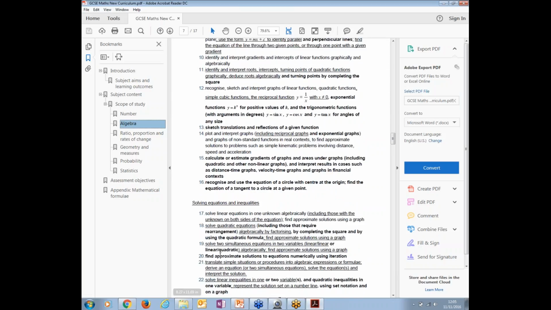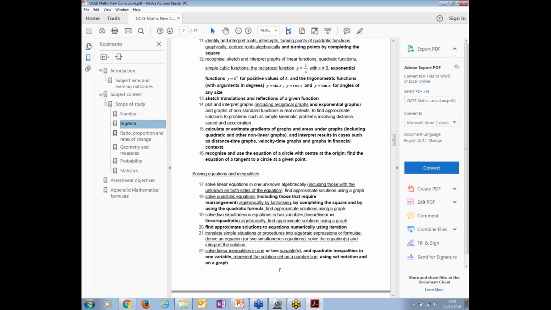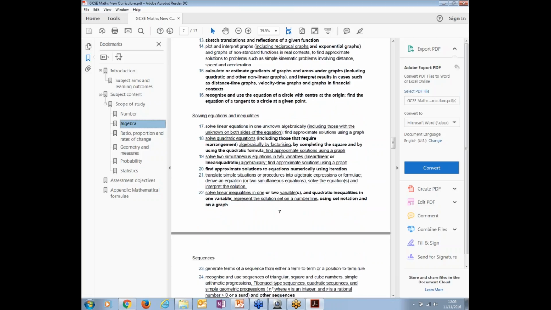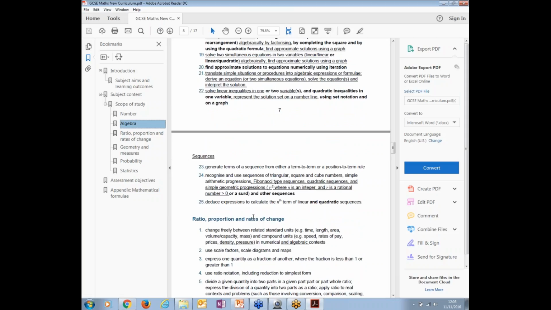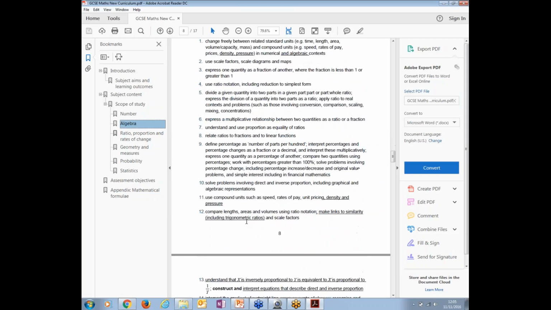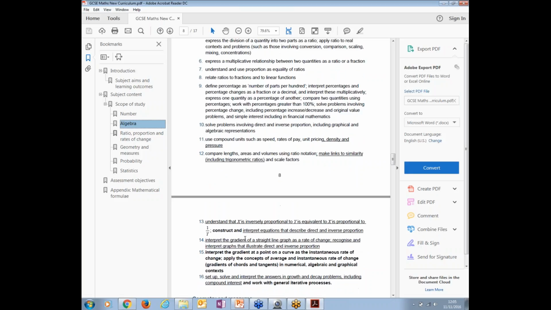And then that means it should be in here as well. Interpret the gradients to point in a curve.